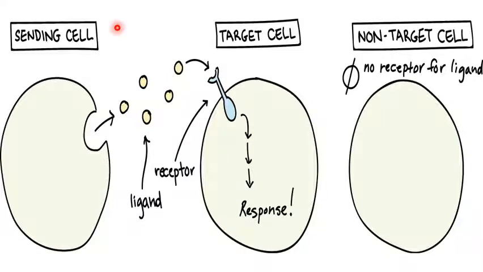And another type of cell is there which does not have the right receptor for these chemical signals. So these signals are not accepted by this cell, which is called a non-target cell.